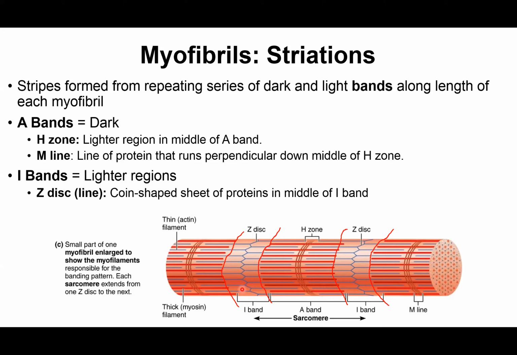Basically they are just sheets of proteins that are running down the middle of the I bands. Hopefully you can understand why they're called a Z disc, because, let's see if I can do it, it's Z's all the way down.